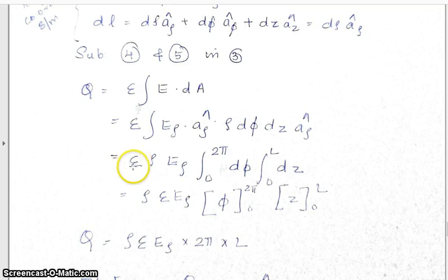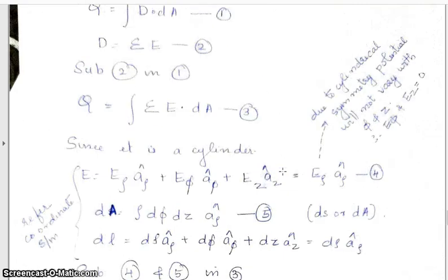Epsilon is already taken outside. Then d phi will vary from 0 to 2 pi. This also we have discussed in our coordinate system. d phi will be varying from 0 to 2 pi, and dz will be varying from 0 to L.